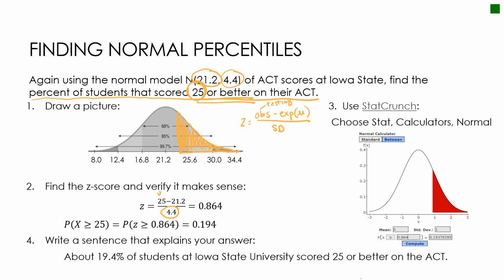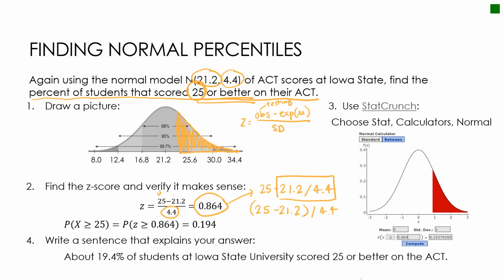And again, remember that we need to be smarter than our calculator. So if I put 25 minus 21.2 divided by 4.4, my calculator does the division first, and you're going to get the wrong answer. So instead, I take 25 minus 21.2 in parentheses and divide it by 4.4.